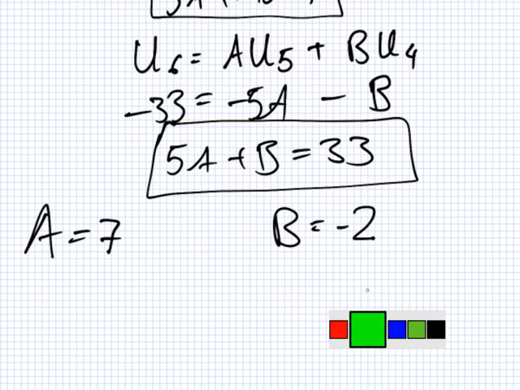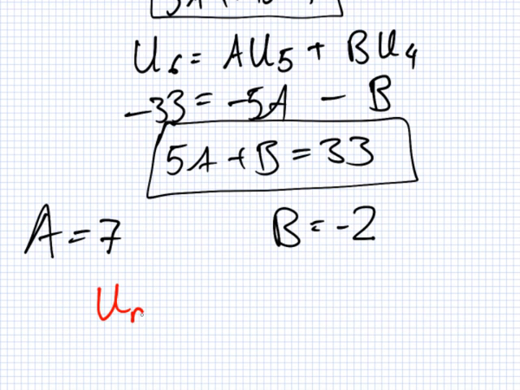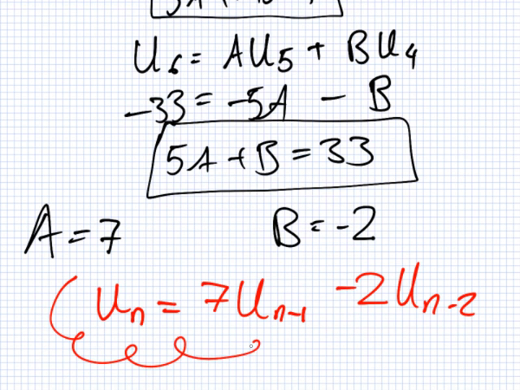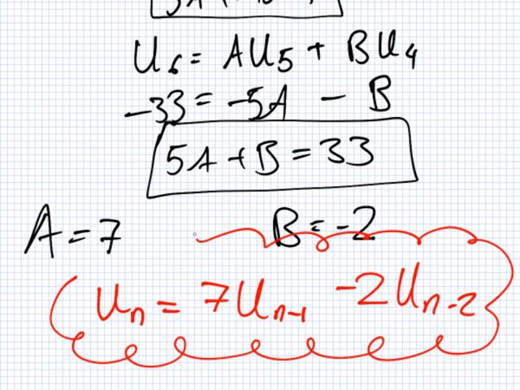So that means I have my recursive formula, un equals a un minus 1 plus b times un minus 2. So this is the first part of the assignment, getting to this formula for your sequence.